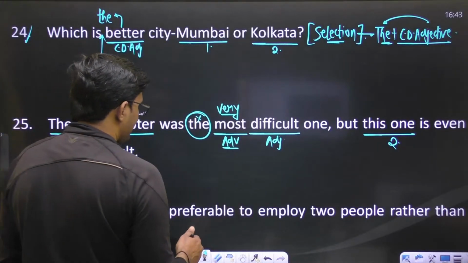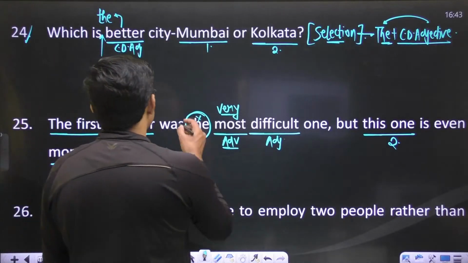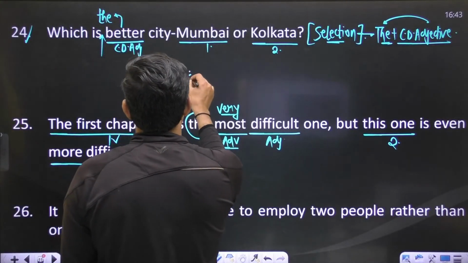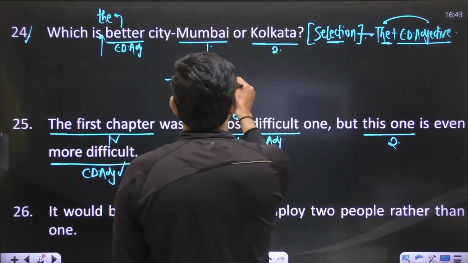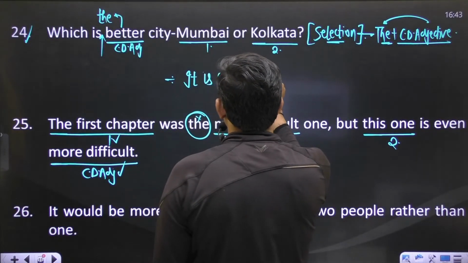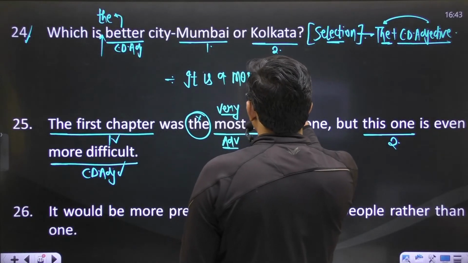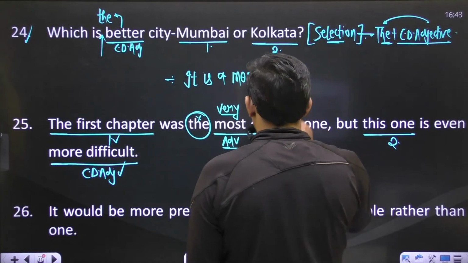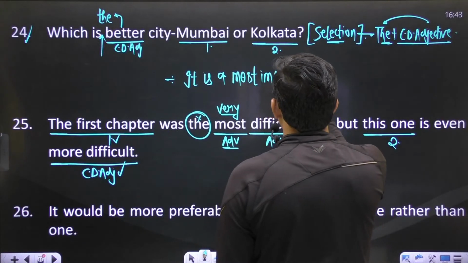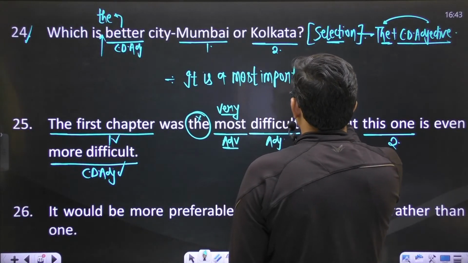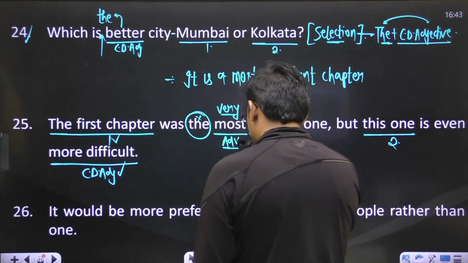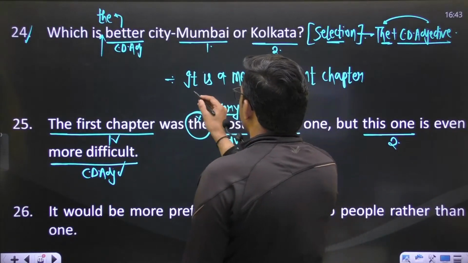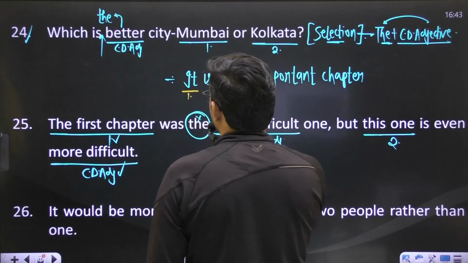Okay, for example, if I say it is a most important chapter, it is a most important chapter. Here you can observe subject is it. We are talking about one.